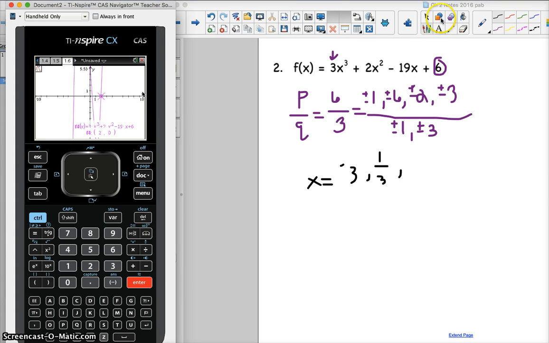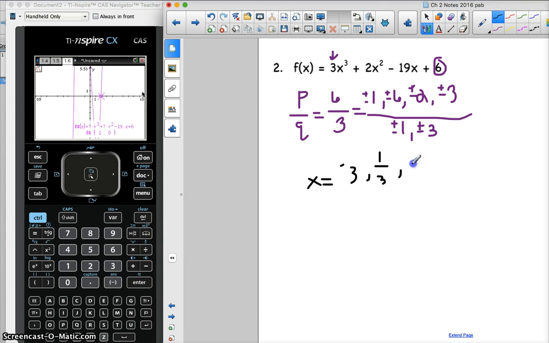And it is also a root. So in this case, I have 3 zeros: negative 3, positive 1/3, and 2. And I chose this example to point out to you that your zeros will not always be integer values. So it's important to double check where you have fractions and make sure that they match your rational zeros.